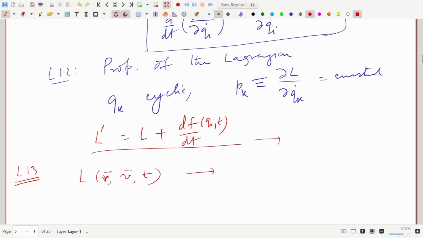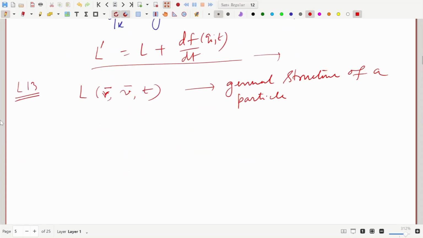So this can be the general structure of a particle, whose position vector is r, velocity is v and time is t. So now what will be the Lagrangian of a free particle? That is our plan to look at.